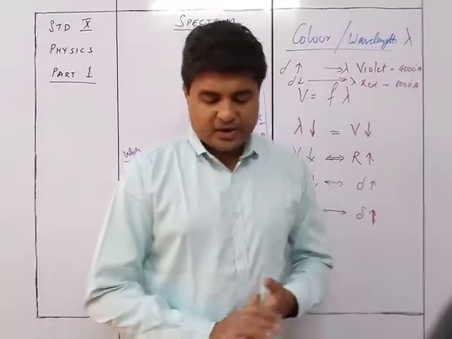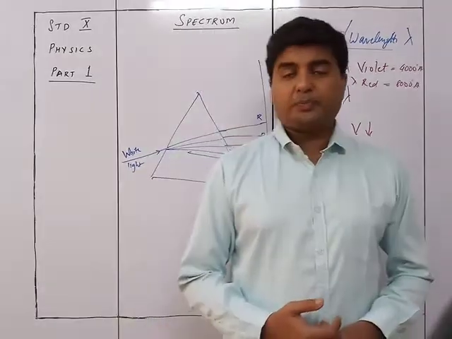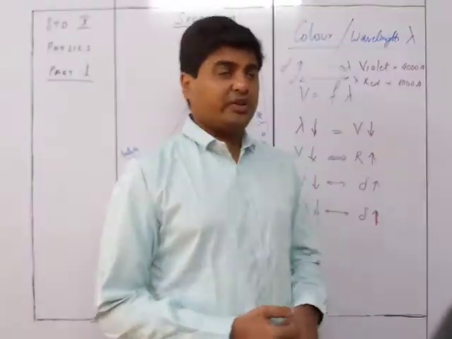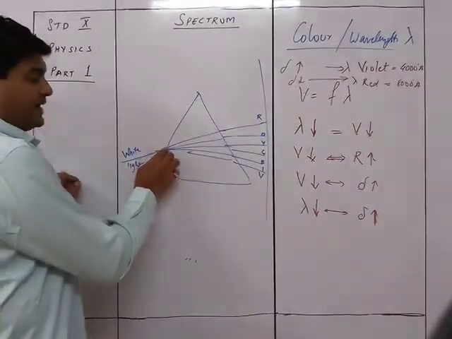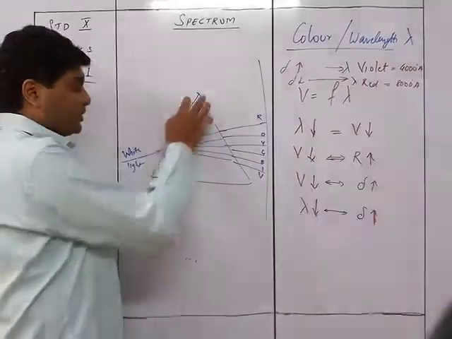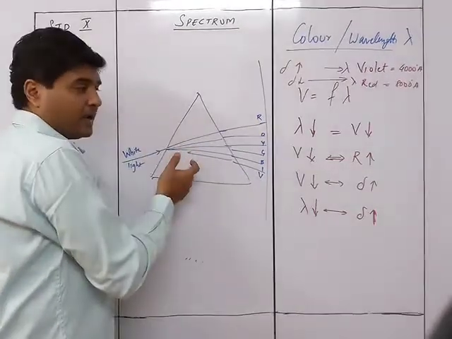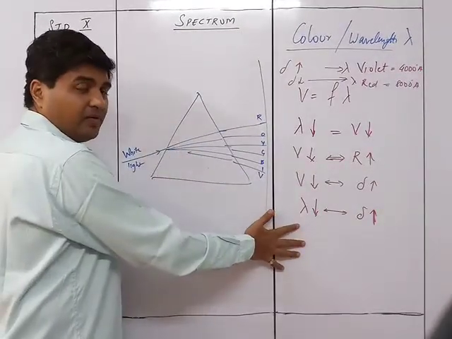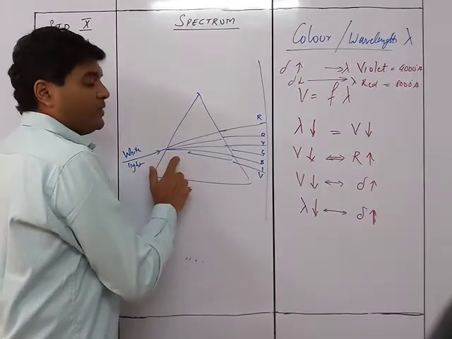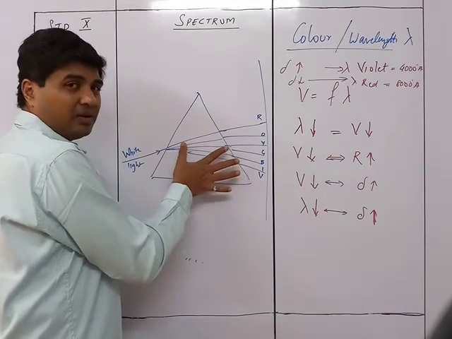The light emerging out of the prism thus has different colors that spread out to form a spectrum on the screen. So here you see that firstly they are getting deviated, they are getting dispersed. The dispersion takes place because of this particular surface. Why is that taking place? Because of the change in the wavelength of the different colors. Different wavelengths get differently deviated. The difference in deviation causes splitting of the colors.